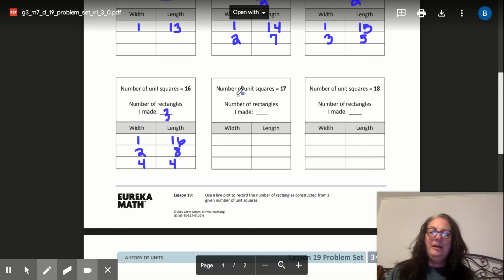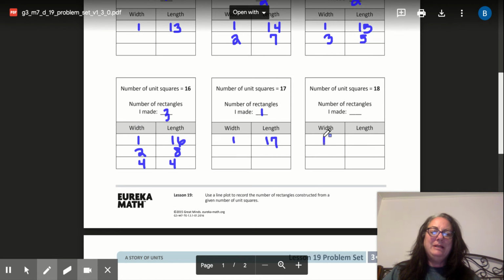Okay, number of unit squares equals 17. 1 times 17. And 2 through 9 will not go into 17. So we just have 1 times 17. So we just have 1 rectangle. And our last one is 18.